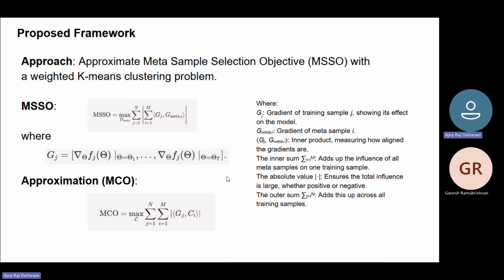MCO is another version of MSSO, meaning we take an approximation of MSSO, which is called MCO. So MCO is close to MSSO.